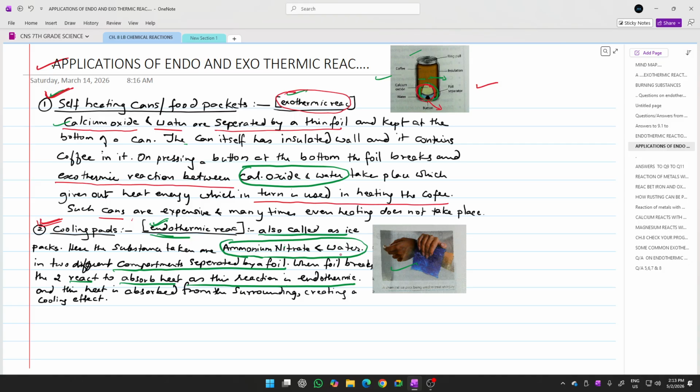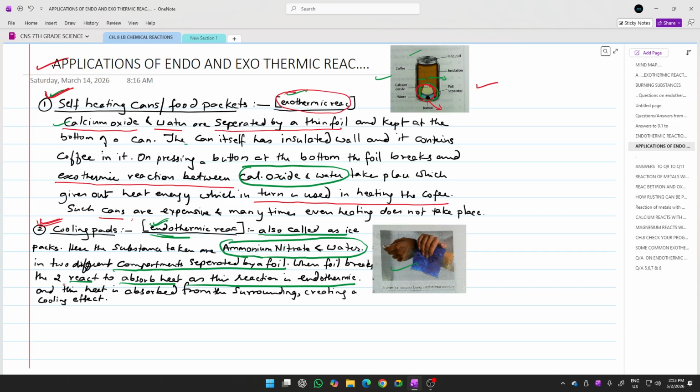So ammonium nitrate reacting with water, being an endothermic reaction, this is what happens. I'll read out again for you. Cooling pads, endothermic reaction, they are also called ice pads. Here the substances taken are ammonium nitrate and water, and they are taken in two different compartments separated by a foil.